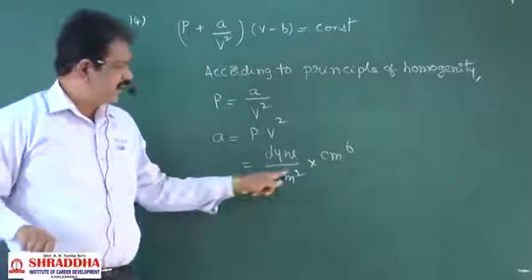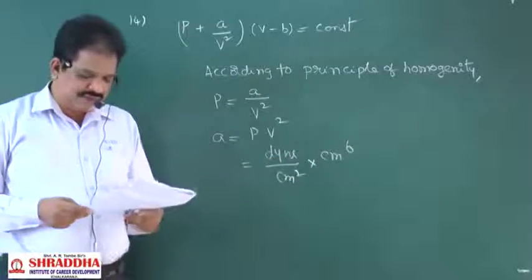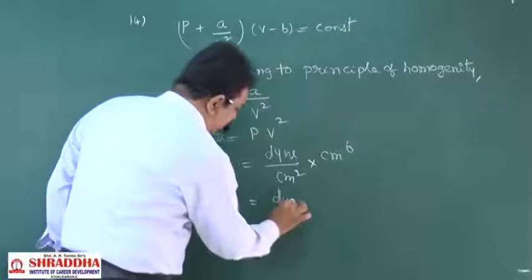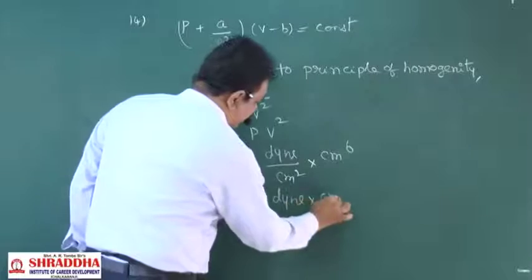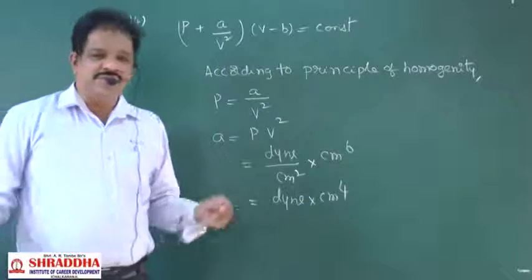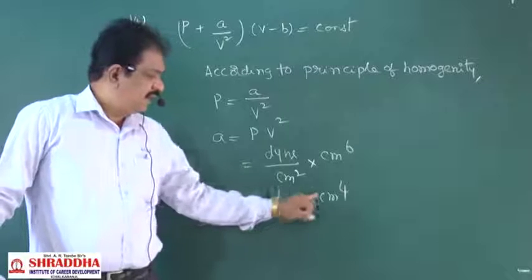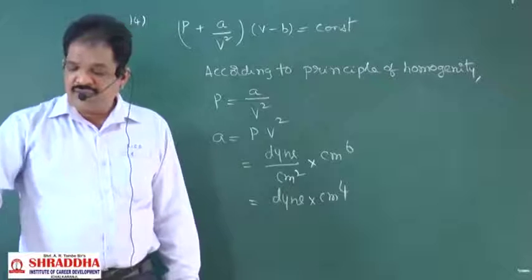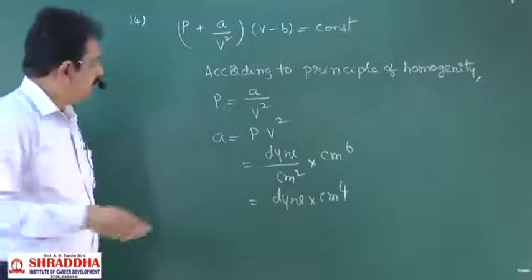This centimeter square will cancel. So how much will we get? Dyne centimeter power 4. So unit of A will be dyne centimeter power 4. 14, it will be B.